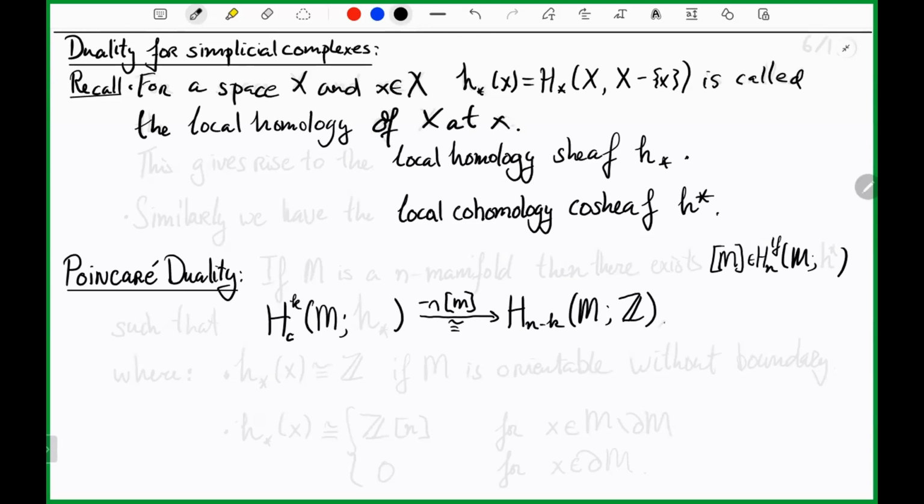The reason for this is that you can assemble this into a sheaf whose stalks are exactly these groups. Strictly speaking, you need to do some sheafification here still, but I'm going to ignore that.